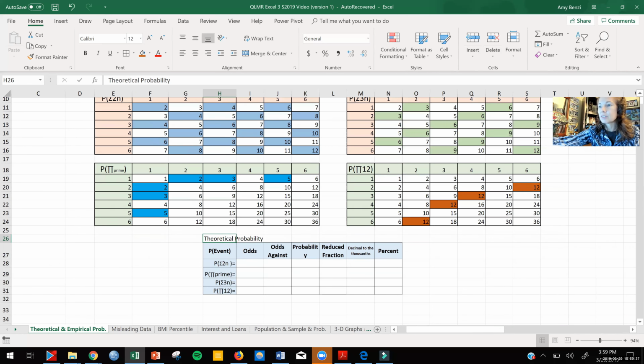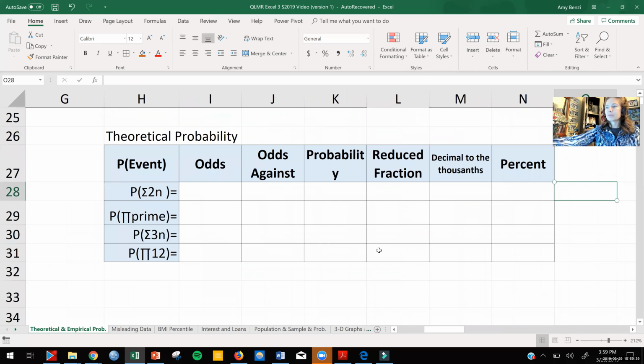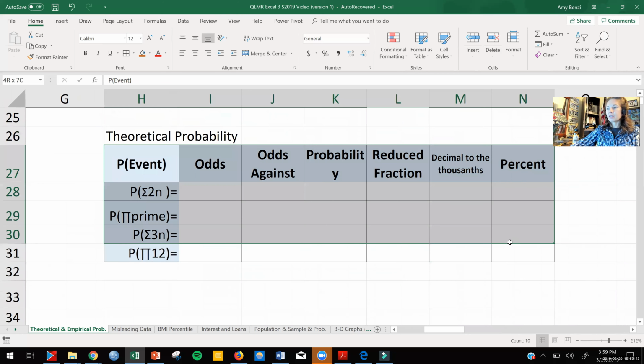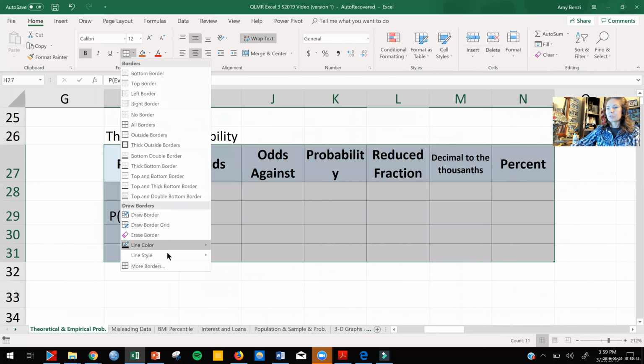This little chart right there. Okay. And of course, I want borders on my chart. I must have changed my borders.